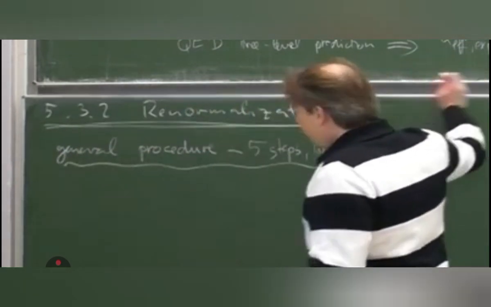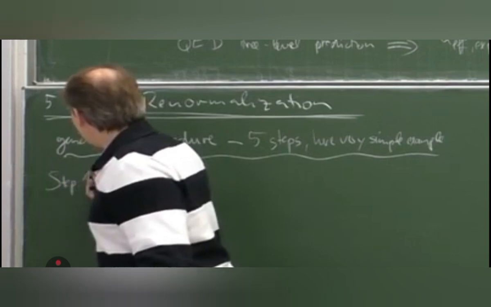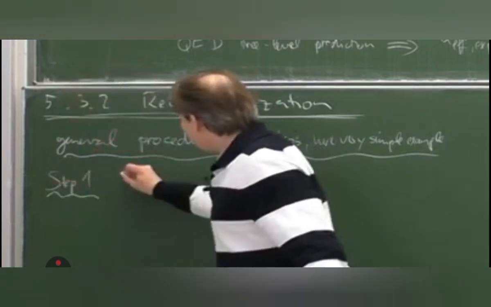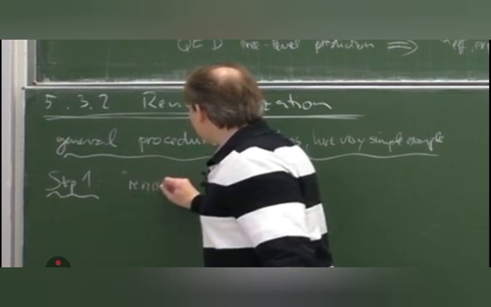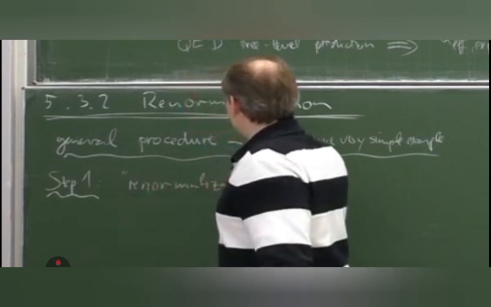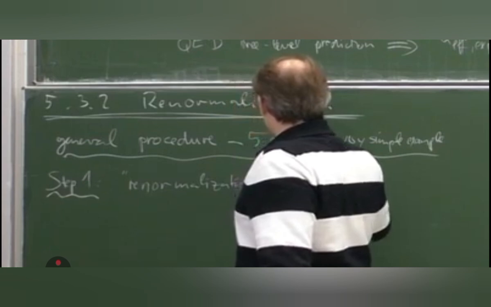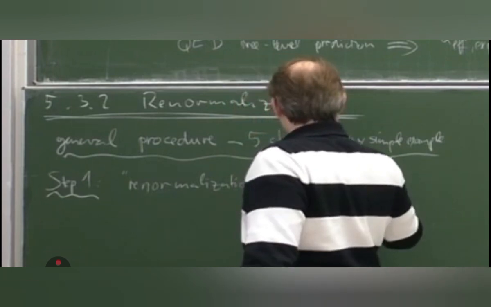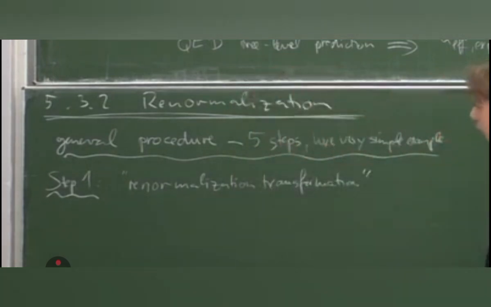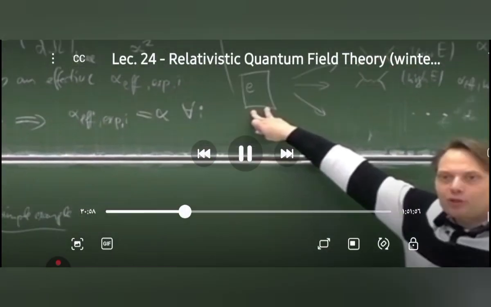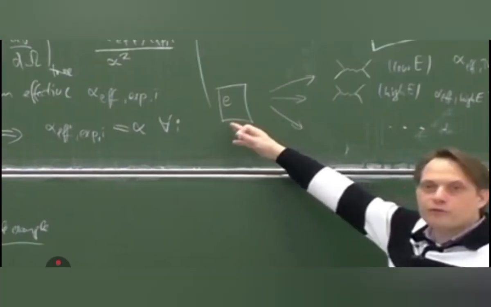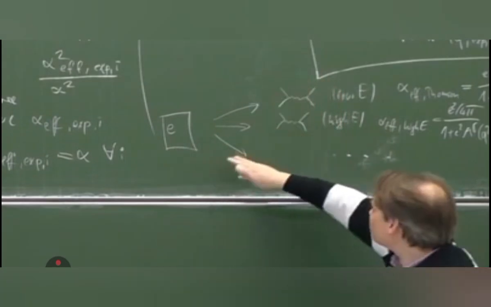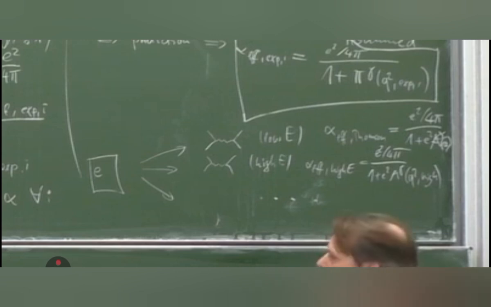So step 1. Step 1 is the so-called renormalization transformation. We have now seen and established that our parameter E is not an observable, but it is a formal theory parameter as a function of which we can compute observables, but the relationship between E and observables might actually be divergent, and so E itself is unphysical.